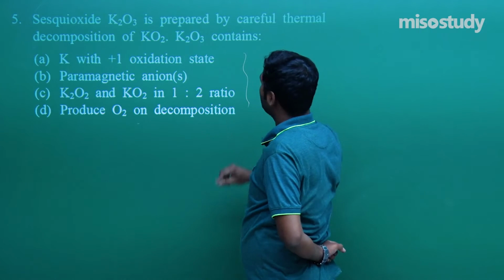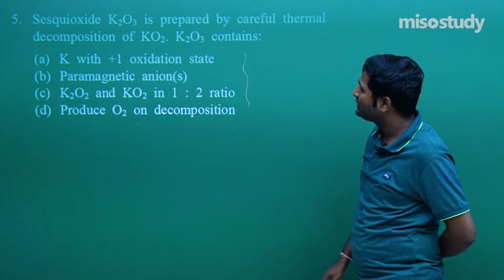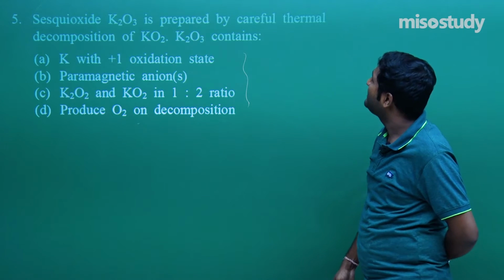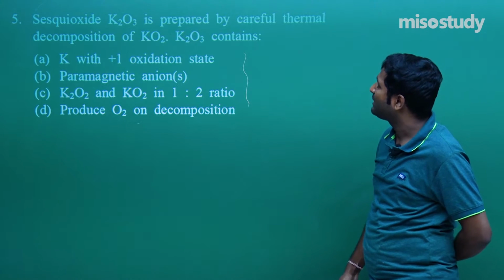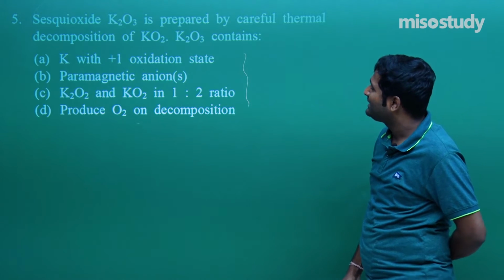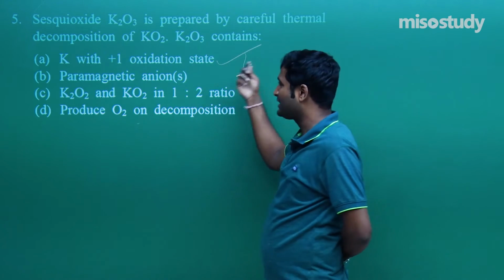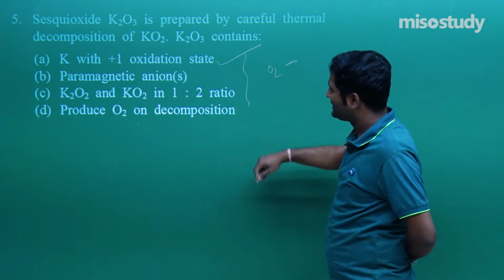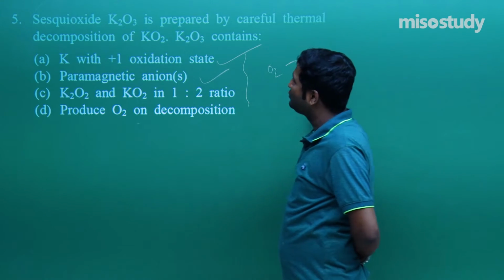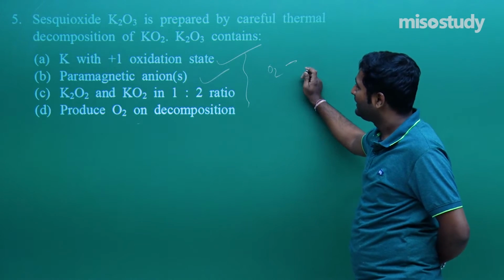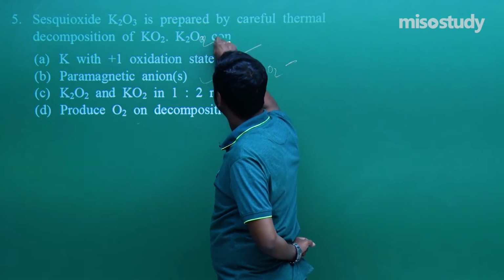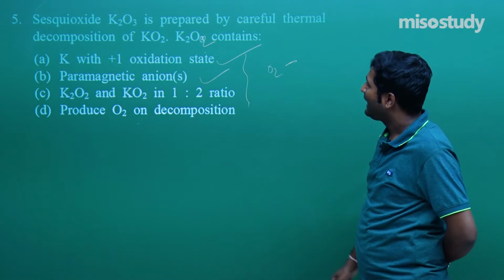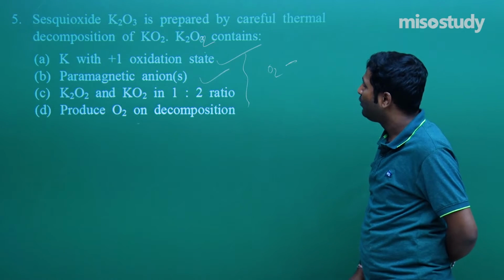So in this case K2O3, the sesquioxide, is prepared by careful thermal decomposition, it contains K in the +1 oxidation state due to the presence of superoxide, that is O2-, which is a paramagnetic ion, and K2O2, and here it's better to write K2O2, not KO2. Clear? K2O2 and KO2 are in the ratio of 1:2.